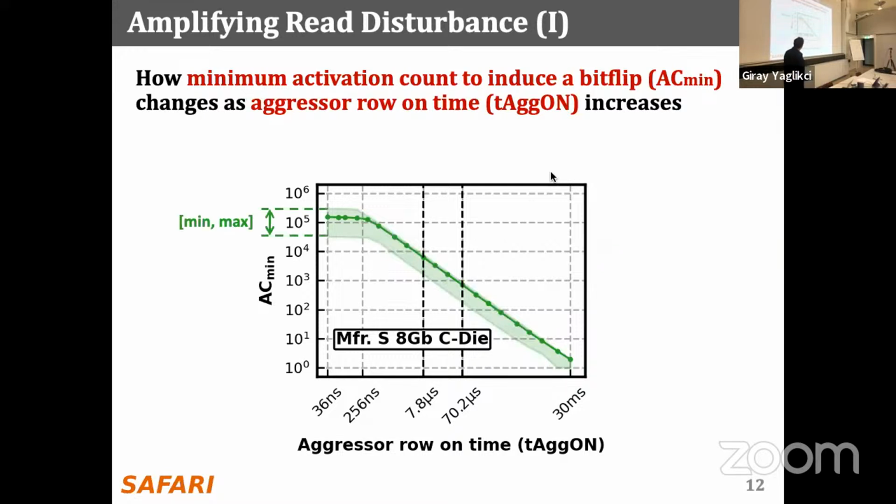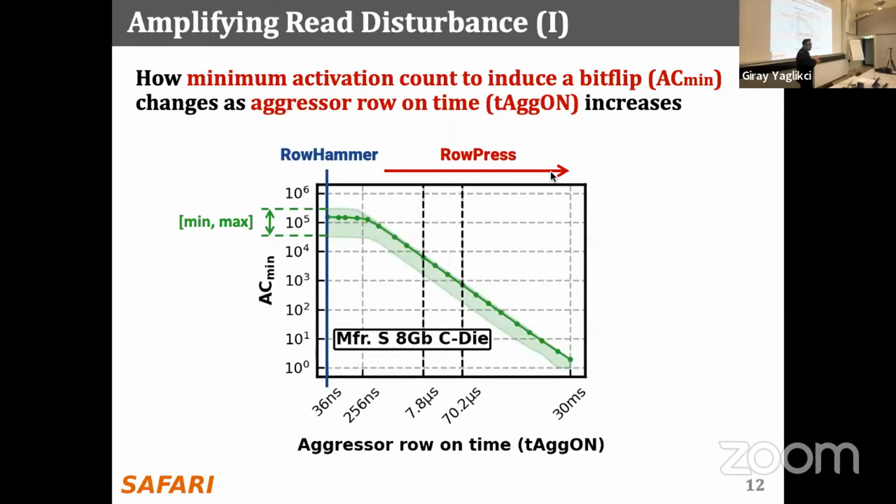And here the shade around the curve shows the minimum and maximum. I forgot to tell you that the y-axis shows the minimum activation count needed to induce the first bit flip. So the leftmost point, where we keep rows open for 36 nanoseconds, is the RowHammer access pattern.